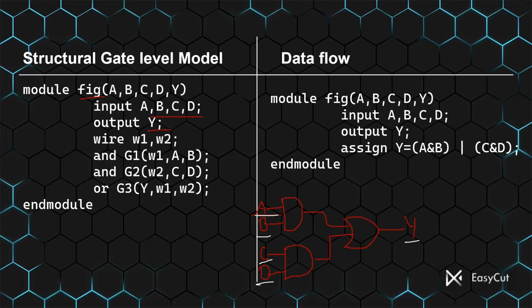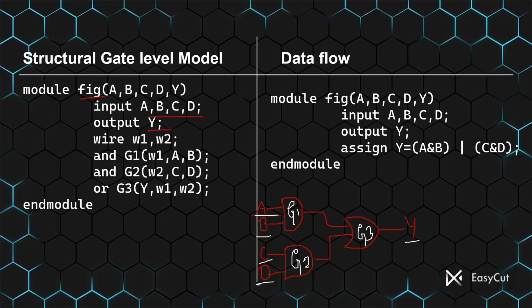Let me give the names for these gates as G1, G2 and G3. The inputs for G1 are A, B, and we have to give an output.